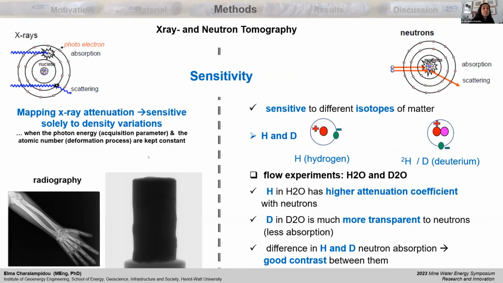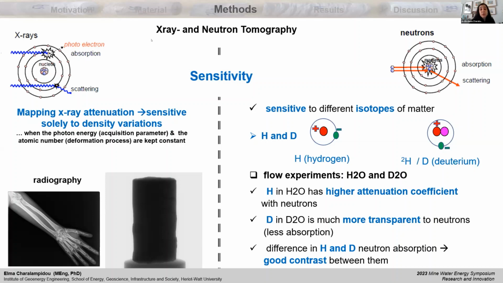If we consider that the photon energy and the atomic number of the material that we are studying are kept constant, then X-ray tomography maps density variations, as opposed to neutron tomography, where neutrons are sensitive to different isotopes, for example, hydrogen and deuterium.